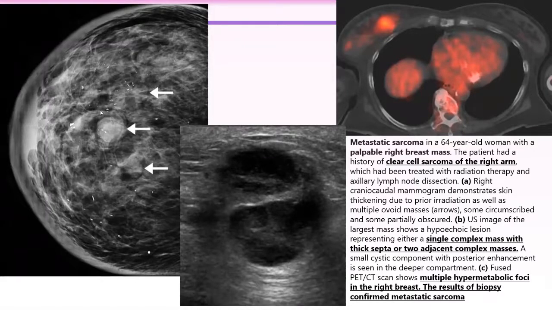Here, part of the lesion is circumscribed and partially obscured, associated with extensive edema and seen as a complex lesion on ultrasound, with intense uptake of FDG in the PET scan, which shows hypermetabolic foci.